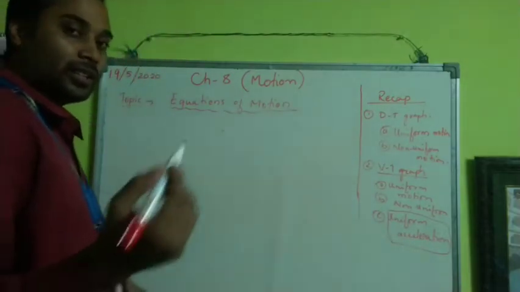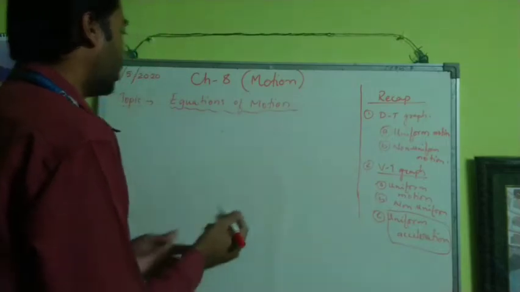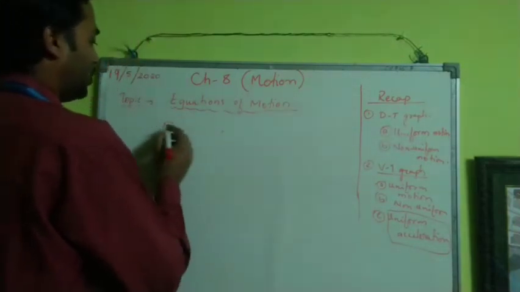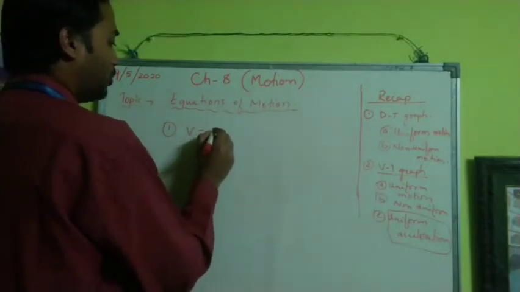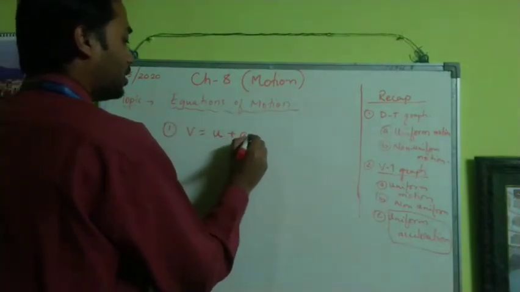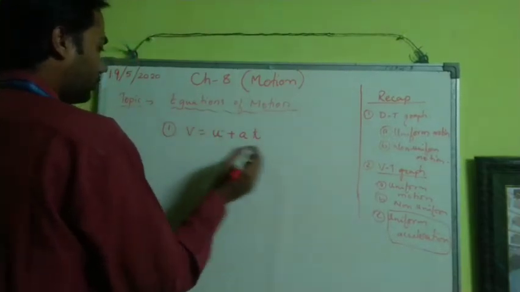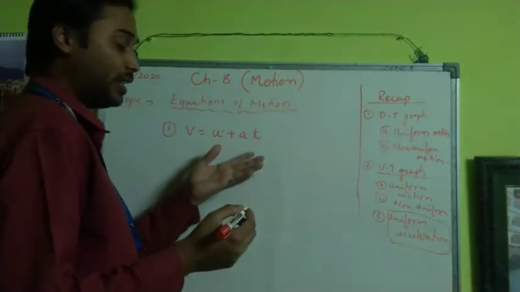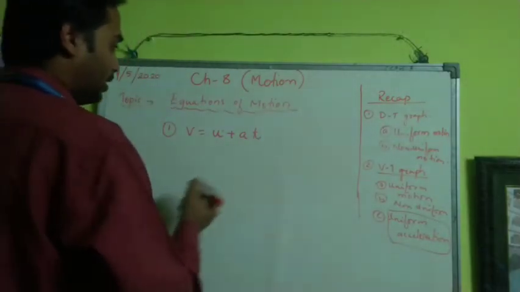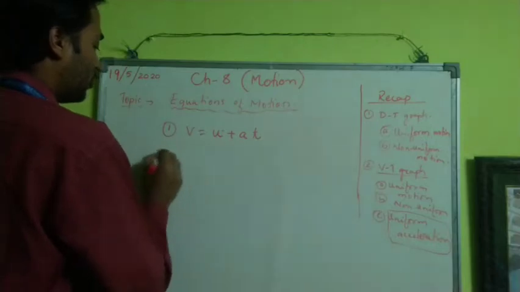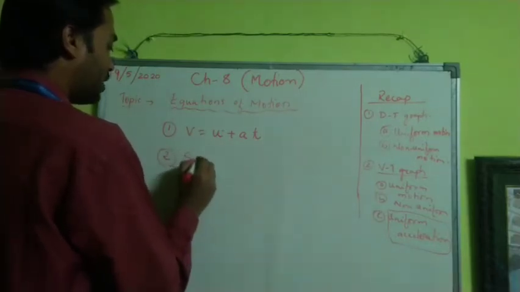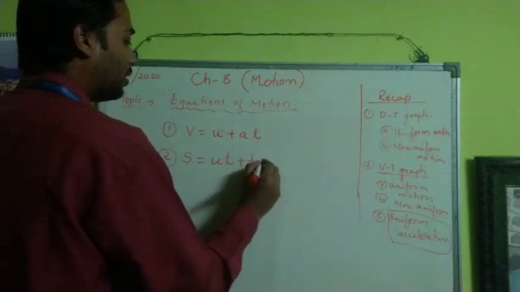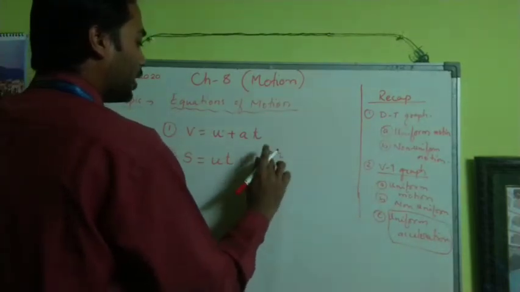So first of all, let us write down the three equations of motion. Number one, v equals to u plus a t. We'll discuss what is v, what is u, what is a, what is t once we finish writing the equations of motion. Second equation of motion is s equals to ut plus half at square.